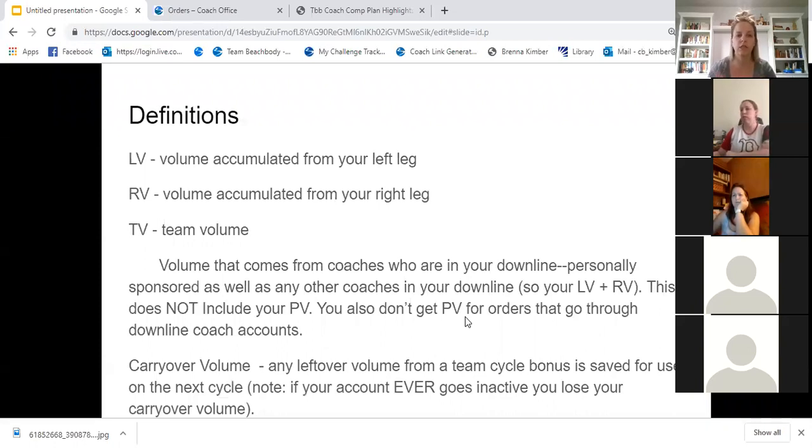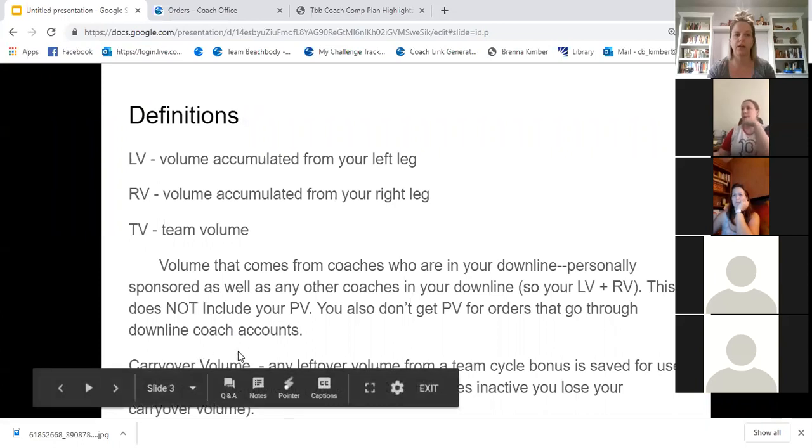You get team volume from them. So this is your left volume plus your right volume. This does not include your personal volume. PV, your personal volume, and TV, your team volume, are two separate numbers, and they never mix together. Those are the things you need to know.